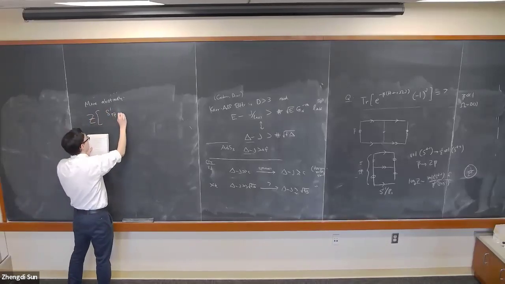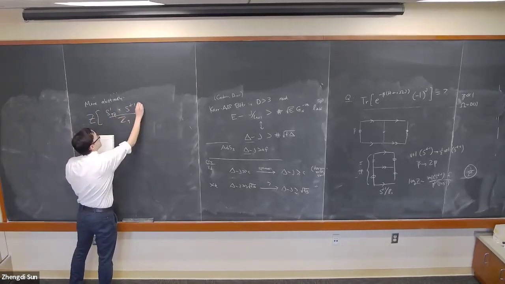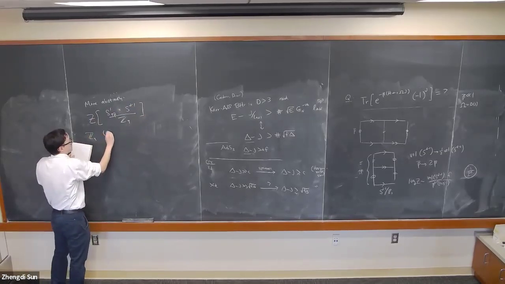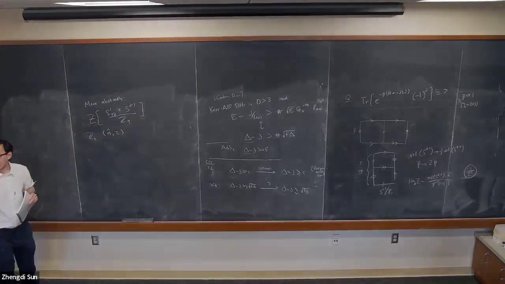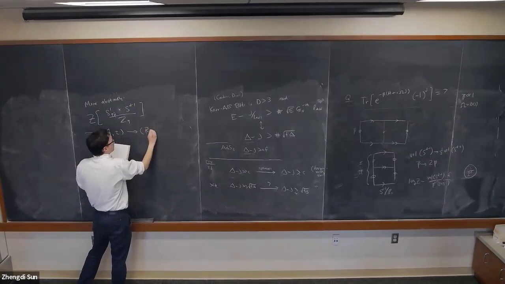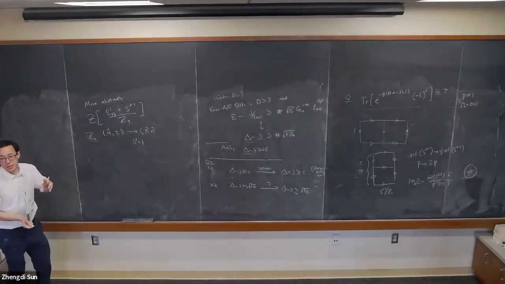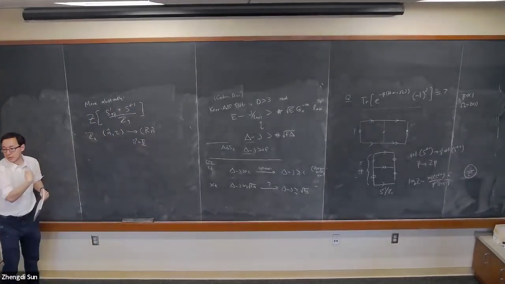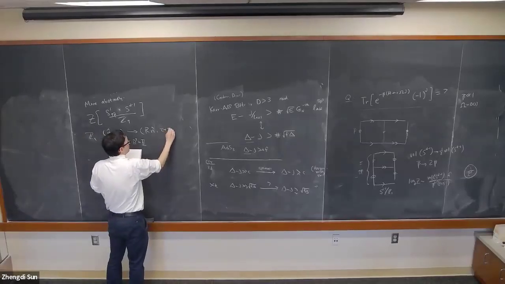There's an S^1 with size beta, and there's an S^(d-1), and we want to quotient overall by Z_q, where the action of this Z_q is, suppose n hat is some unit vector on your S^(d-1), and tau is the length of the S^1. This action of the Z_q acts with some element R, such that R to the q is equal to 1. So R could be the identity, or R could be like a rotation by pi in this example over here. And tau goes to tau plus beta.